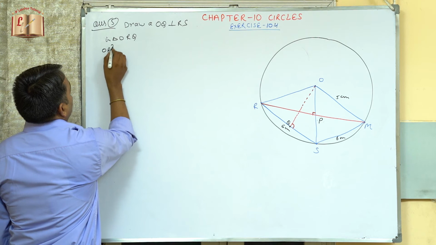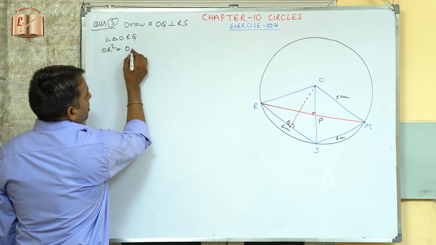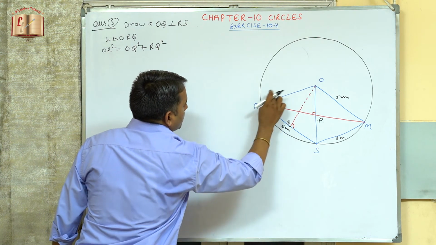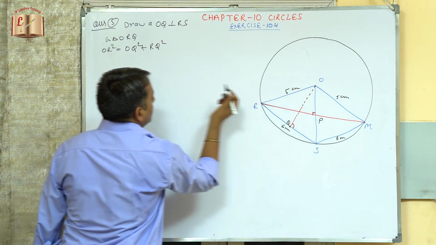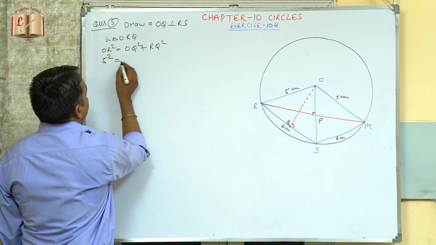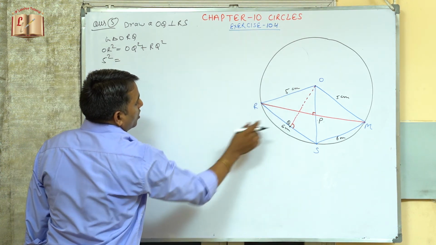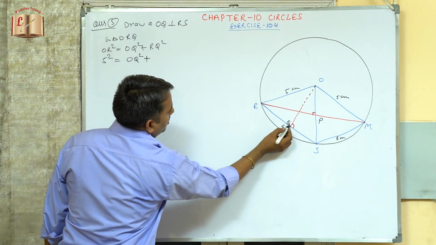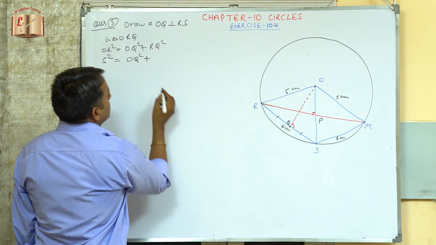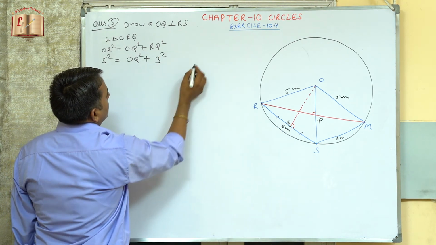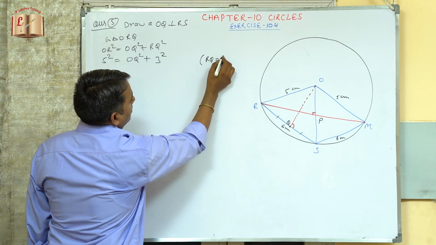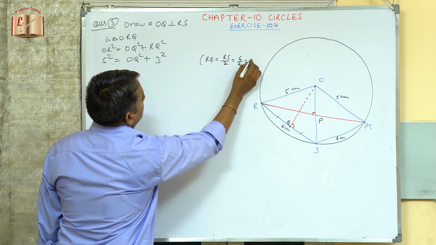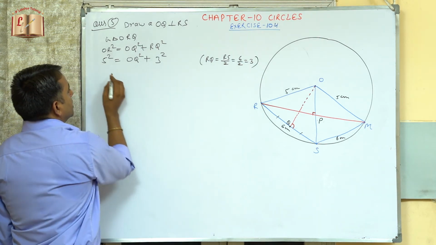So we can say OR square equals OQ square plus RQ square. OR is 5 centimeter, already given, this is the radius. So 5 square equals OQ square plus RQ square, because this is the perpendicular bisector. So RQ equals 3 because RQ equals RS by 2, which is 6 by 2. So this is 3 centimeter.